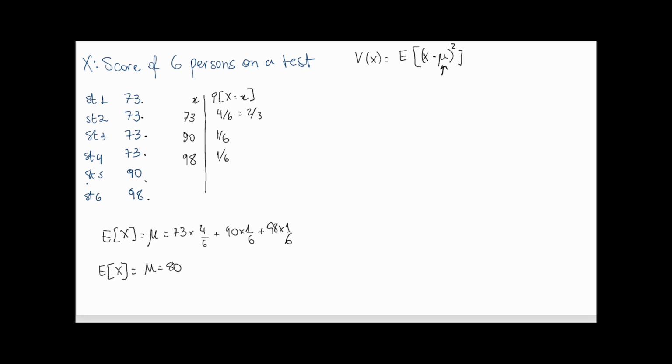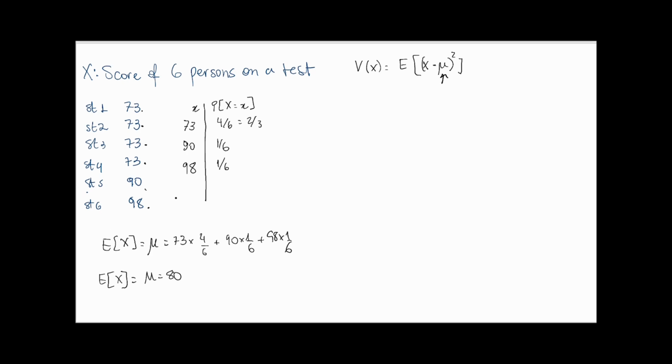And now I have to calculate the expected value of this thing inside the brackets. So let's think about this. V of x, the variance, is actually the expected value of a newly created variable. And the relationship is this. Do you agree that this says the same thing?